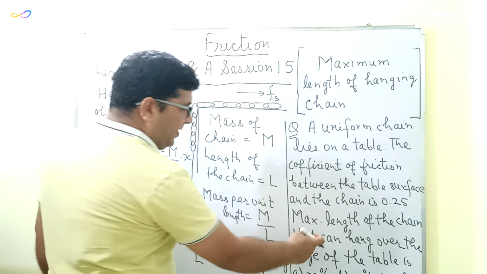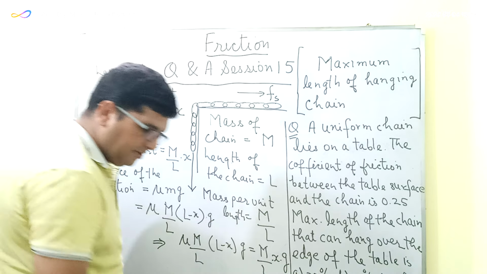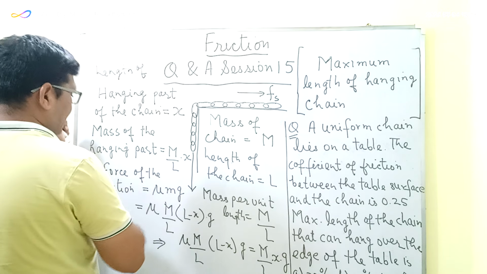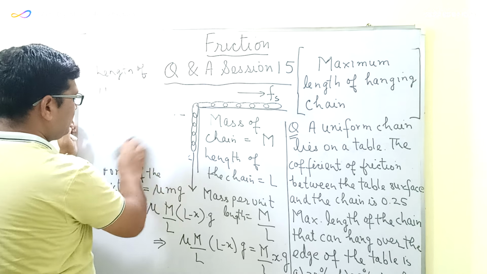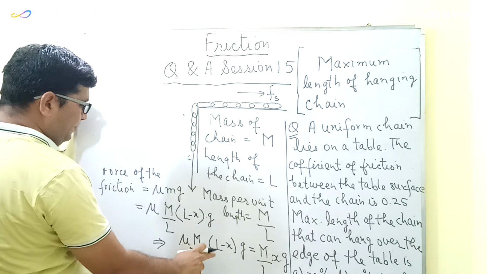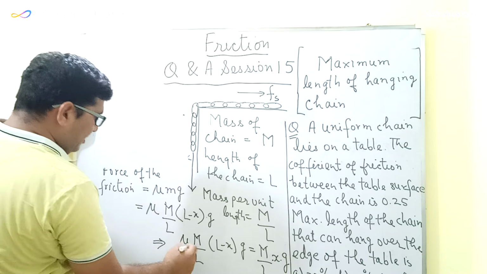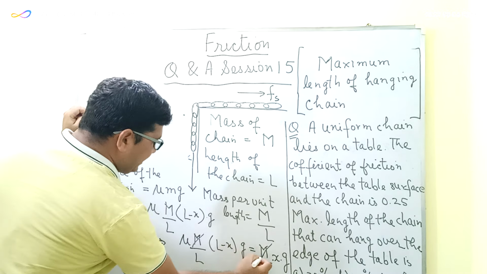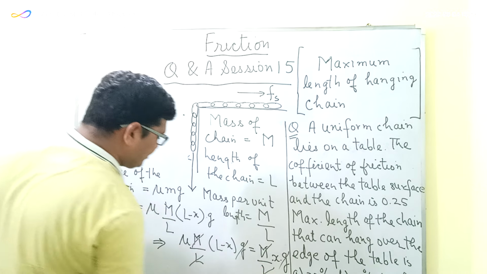Here we have to find the maximum length of the chain which can hang over the edge of the table in percentage. From this equation, M and M will get cancelled out, L and L will also get cancelled out, and g and g will also get cancelled out.